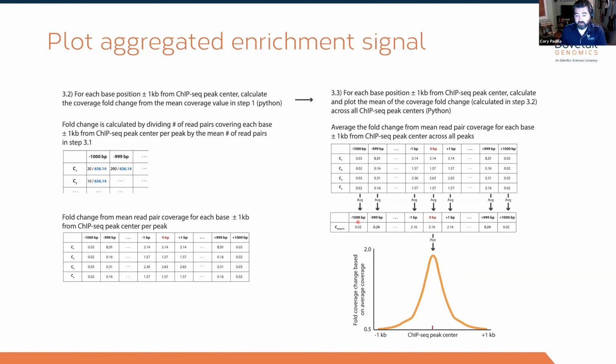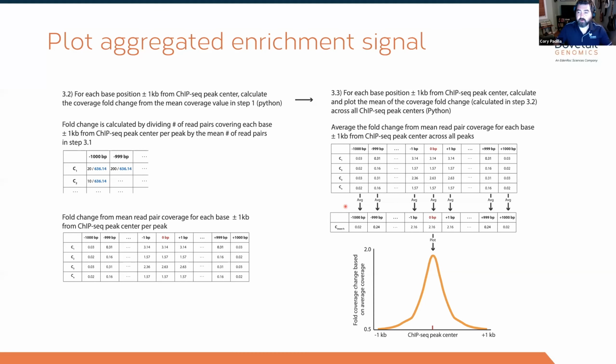So now we have a position of minus 1 kb, and then here is the average fold change from the mean coverage. So the mean fold change from the mean coverage is essentially what we're asking. And then we just plot it, where your x-axis is the base position and your y-axis is the fold change from the mean that we've calculated.